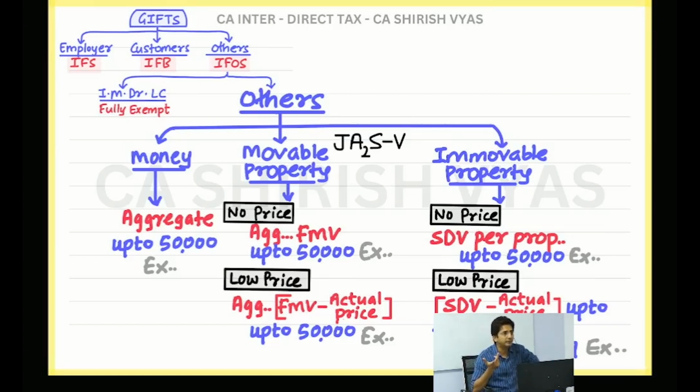Because nowadays TV, washing machine, you give as gift. It sounds normal. So that's why government is not taxing. But if you say, my friend gave me 20 lakhs rupees cash on my birthday, it's not believable. Yes, your friend giving you TV, fridge or microwave, it sounds normal. See, these other than Jasvi, others are all normal gifting items. But Jasvi are precious things.